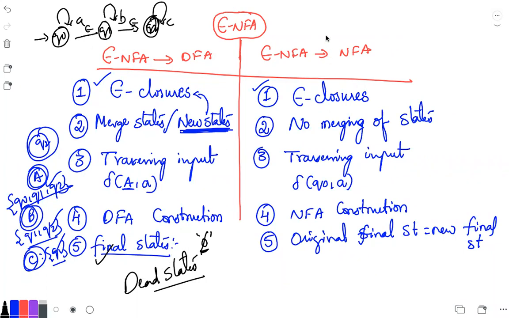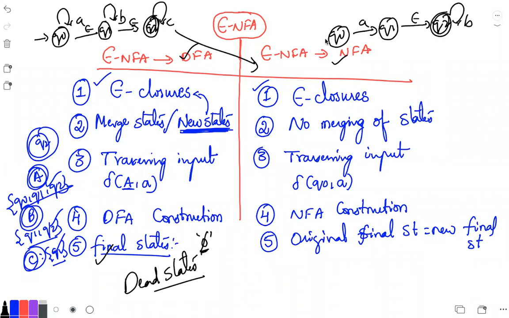If I had taken the previous example, Q0 on A, Q1, epsilon, Q2 on B, maybe if I had used this example for DFA conversion, it may not give me a dead state. So this is the comparison between DFA and NFA conversion. You try to convert this to DFA and this example to normal NFA, the same crisscross method. The DFA example as NFA and the normal NFA example as DFA, these 2 machines.